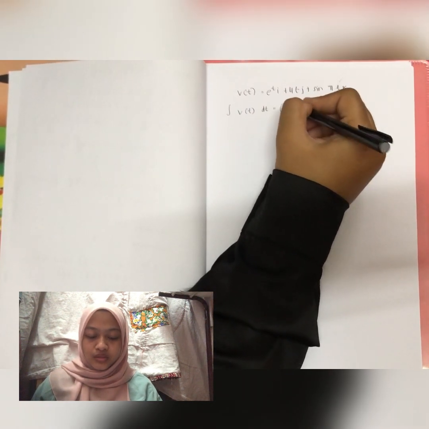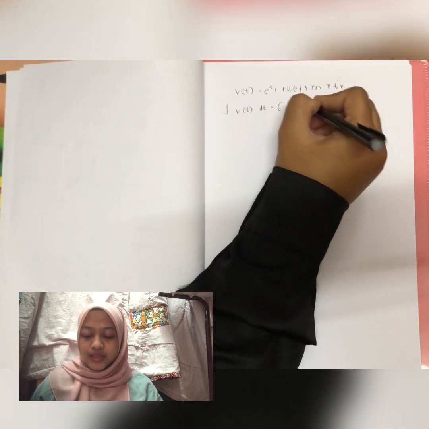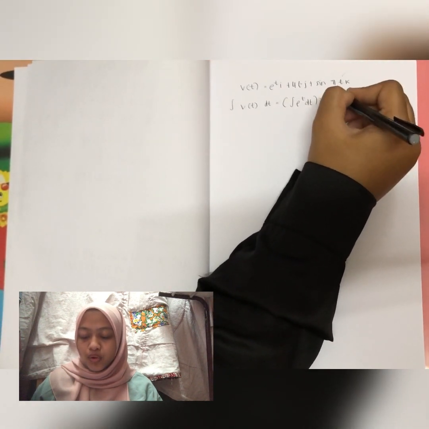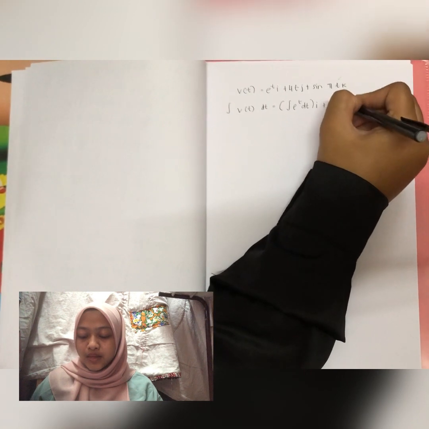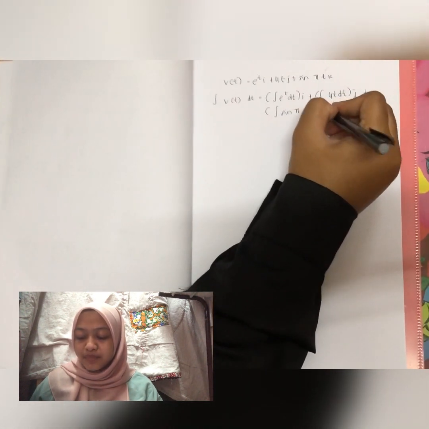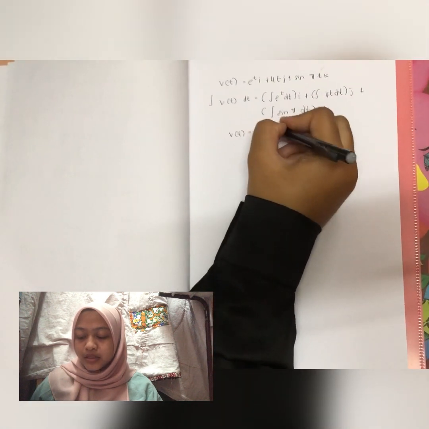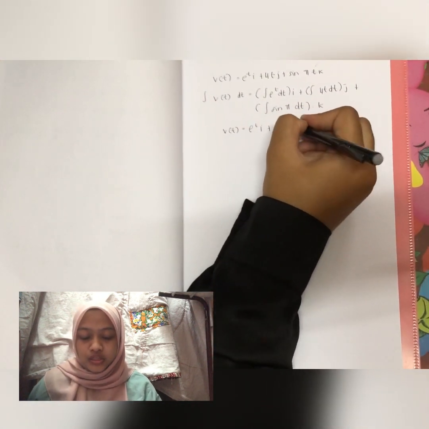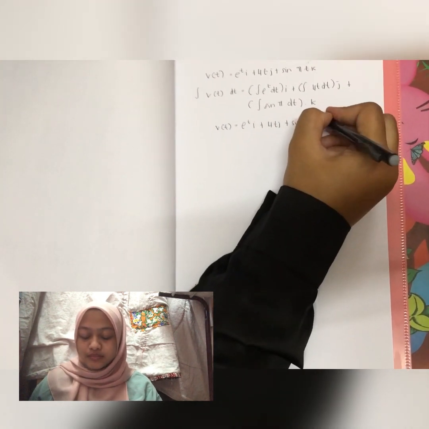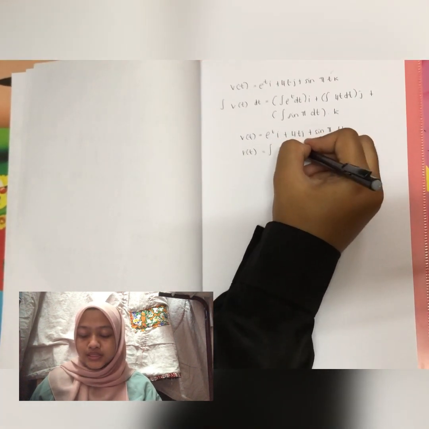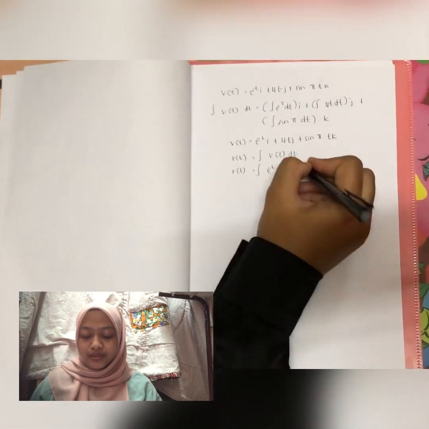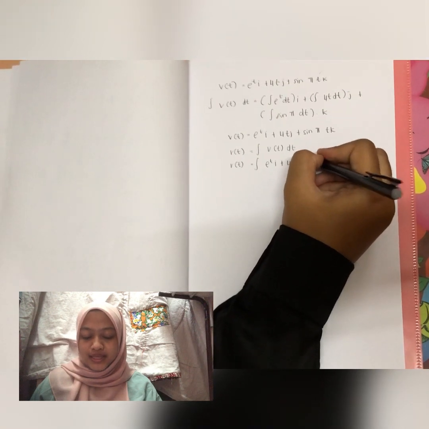So, we integrate v(t) dt, equal to the integral of e to the power of t dt multiplied with i, plus the integral of 4t dt multiplied with j, plus the integral of sin pi t dt multiplied with k. So we get v(t) equal to e to the power of t i plus 4t j plus sin pi t k. Next, r(t) equal to the integral of v(t) dt.